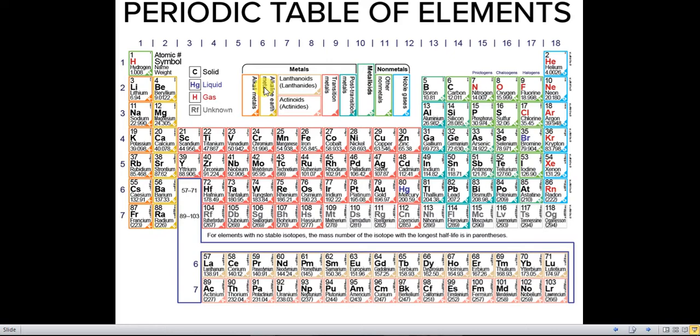Now we have to see that some elements are gases. For example, hydrogen is a gas. For example, helium is a gas. But if you look at the extreme right hand side, all these gases, helium, neon, argon, krypton, up to argon, these are inert gases.